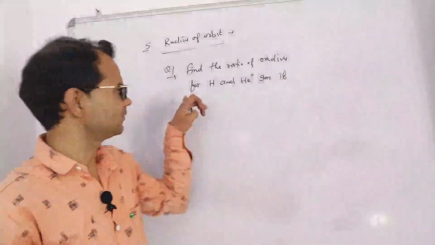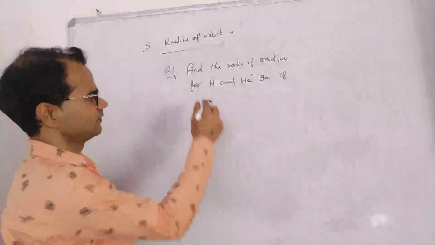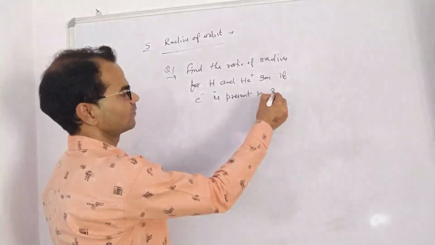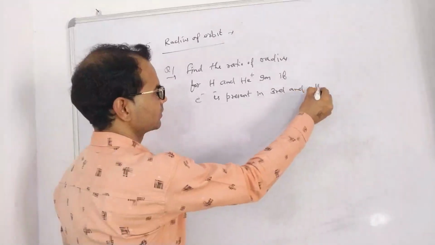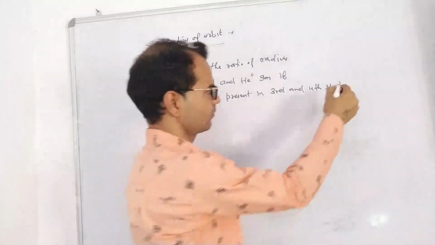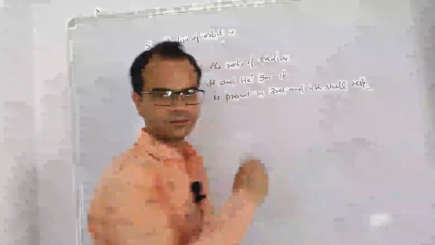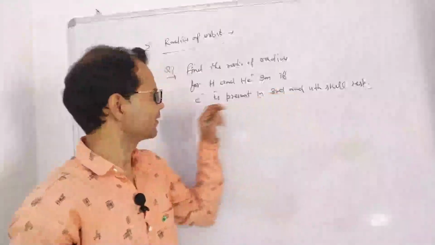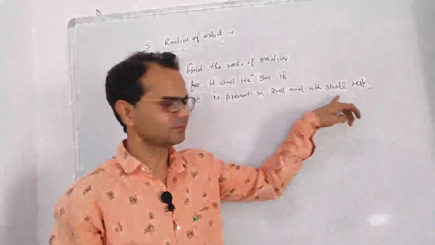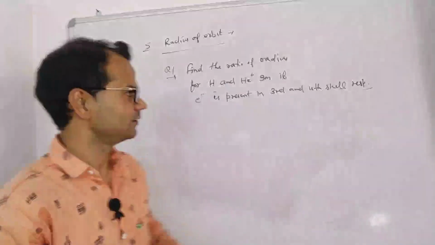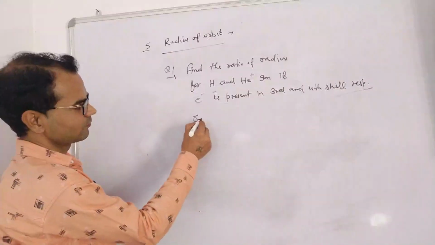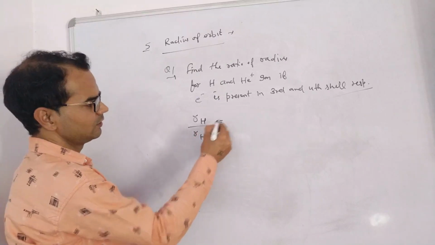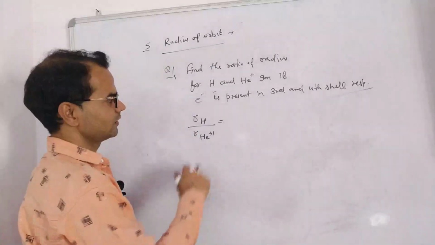Find the ratio of radius for hydrogen and helium ion if the electron is present in the third and fourth shell respectively. So radius of hydrogen by radius of helium ion is directly proportional to n square.